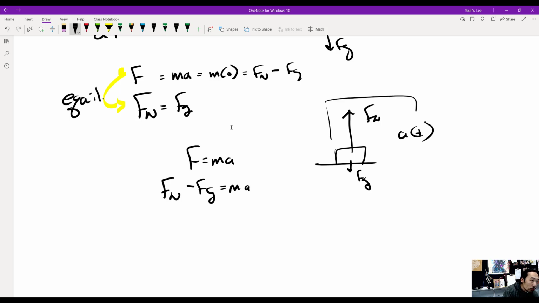If we're looking for how heavy we feel, remember we kept saying that we feel heavier, if I move my F_g to the other side, we get F_n = F_g + ma. Just to point out, F_n equal to F_g is how you feel normally, but look what we just did. We added to how you feel normally with ma, where a is whatever the acceleration of the elevator is, and m is your mass. And so you feel heavier mathematically as well.